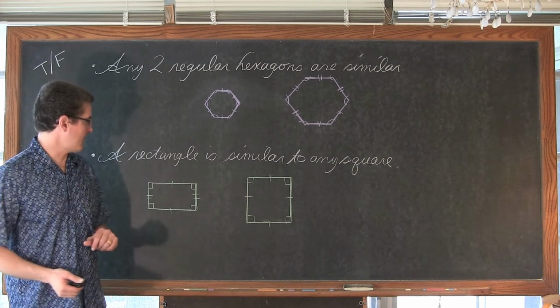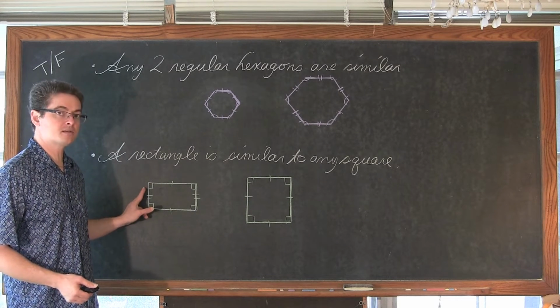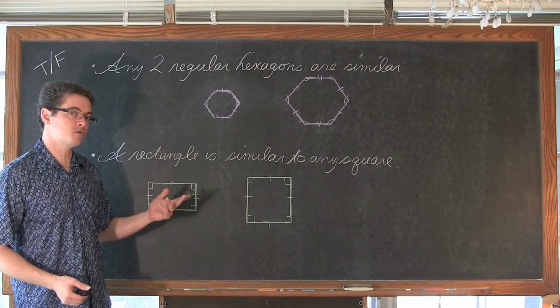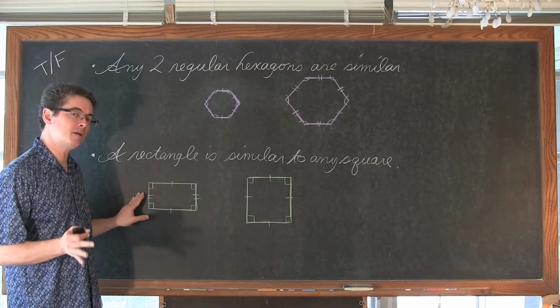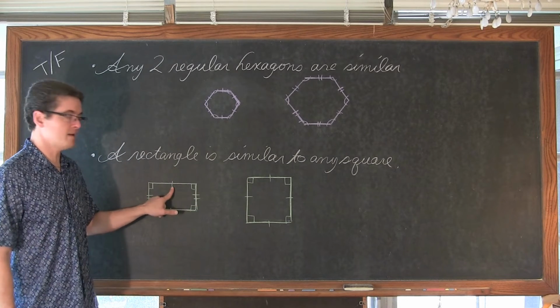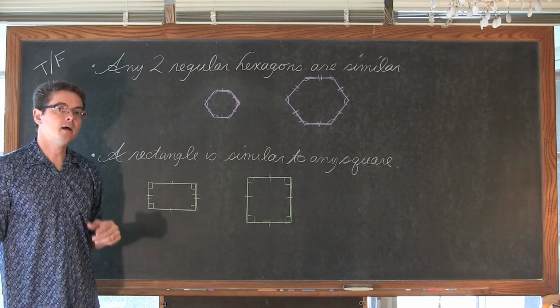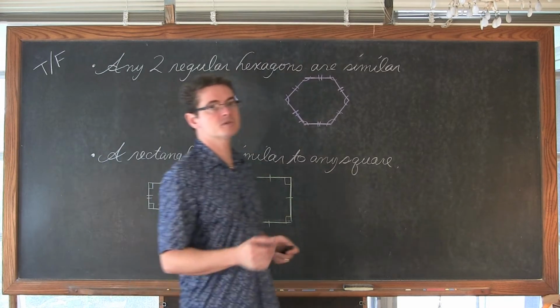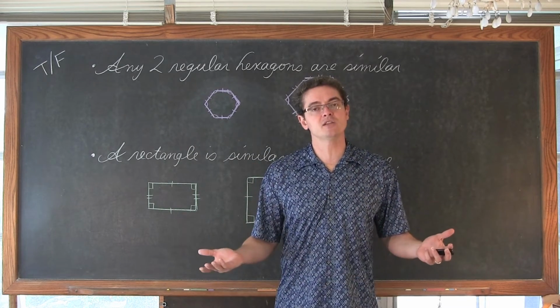Mathematically, if I take this side and divide it by this length, so I set up a proportion for the corresponding sides, that is not going to be equal, if the shapes are different, to this length divided by this length. You can even see that the proportions are different. Mathematically, those proportions are not going to come out the same, and thus, like I've already said, it's false.